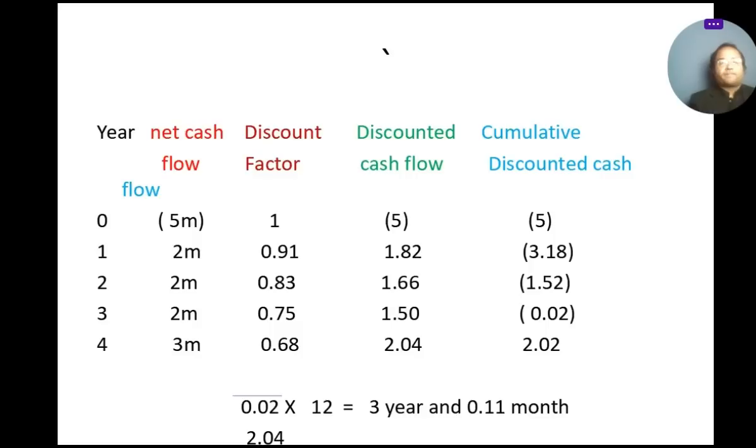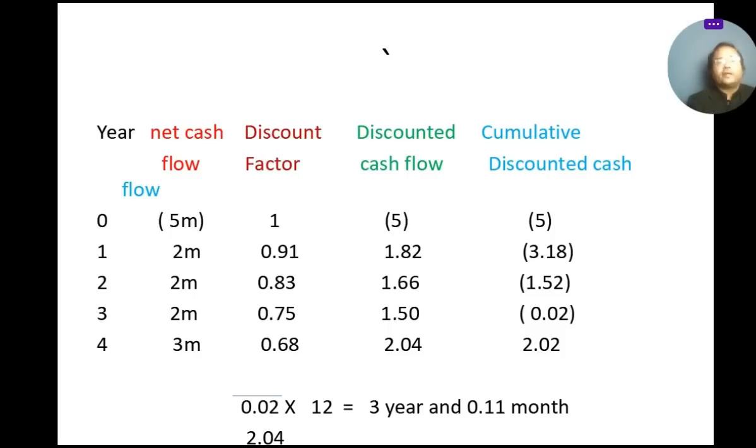So in year zero your investment is 5 million, the discount factor is 1, and your cumulative cash flow is minus 5. In year one you get a positive cash flow of 2 million, the discount factor is 0.91 for example at 10%, and the value of 2 million is 1.82 million.